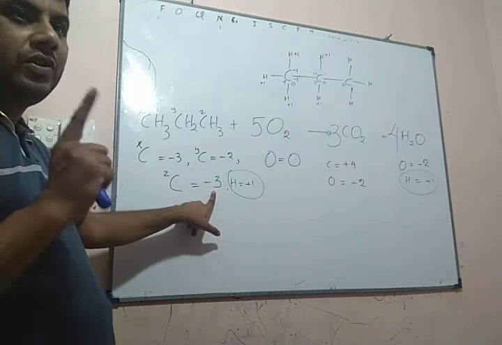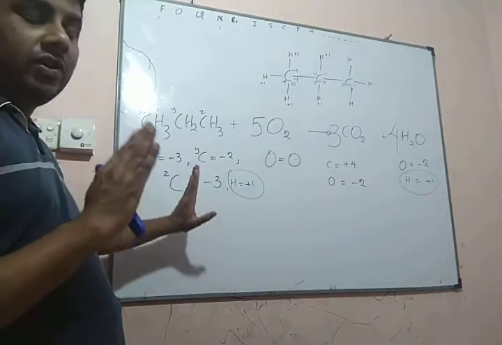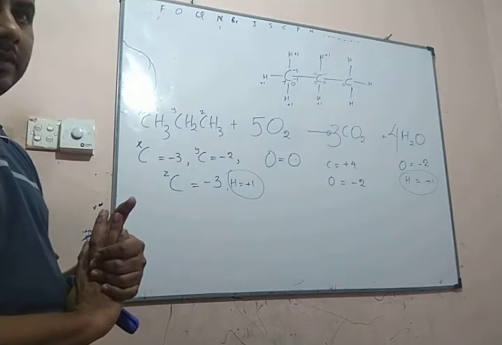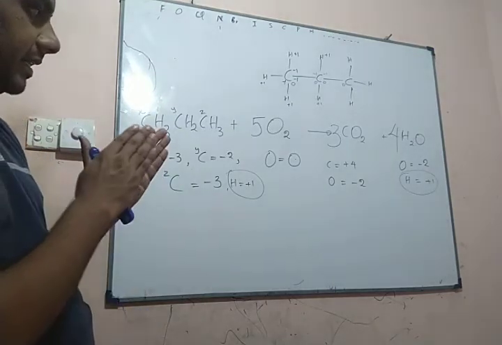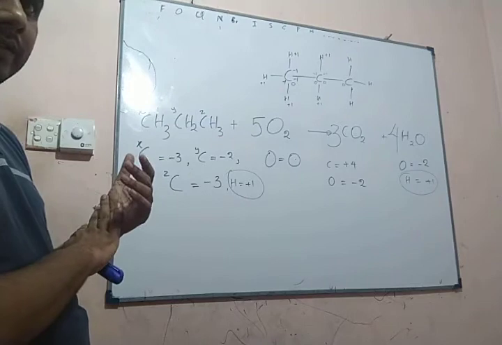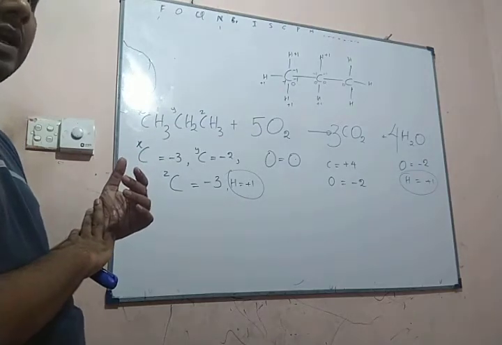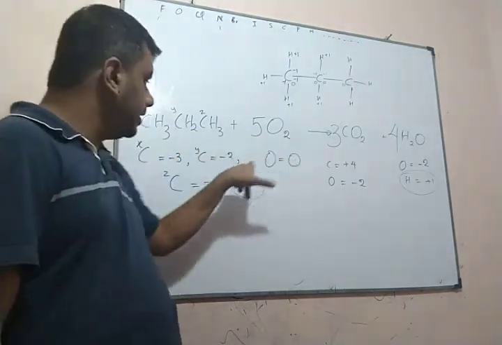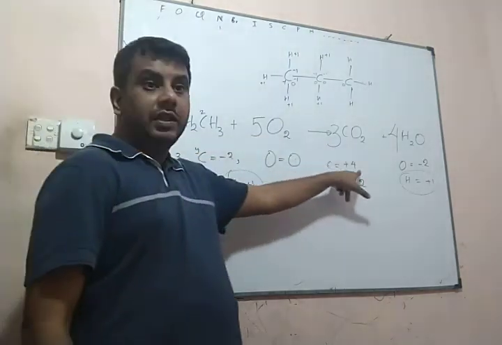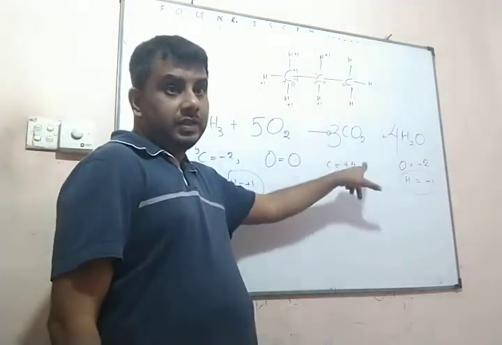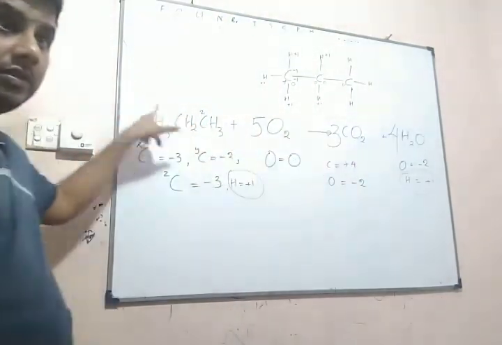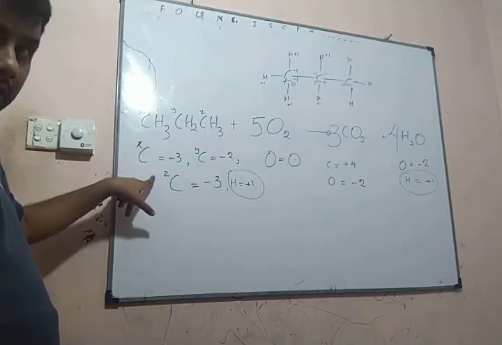Has the oxidation state of any carbon atom increased or decreased? No, all have increased. -3, -2, -3. Here +4. So the oxidation state in the product is always greater than the oxidation state of the reactant.